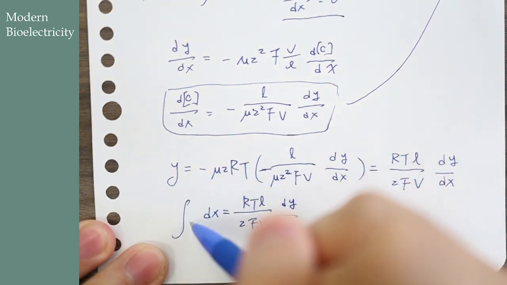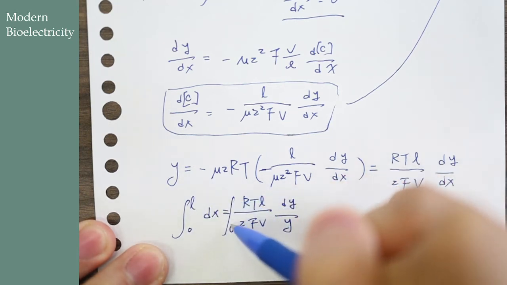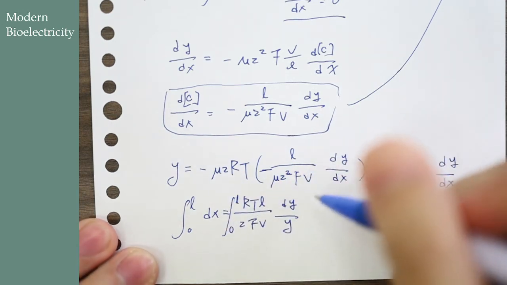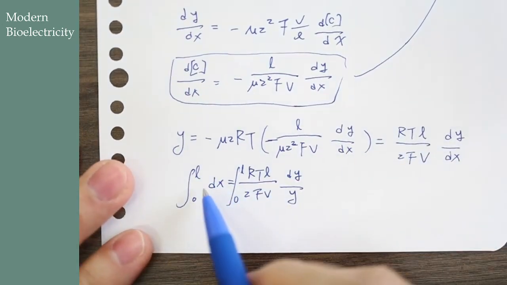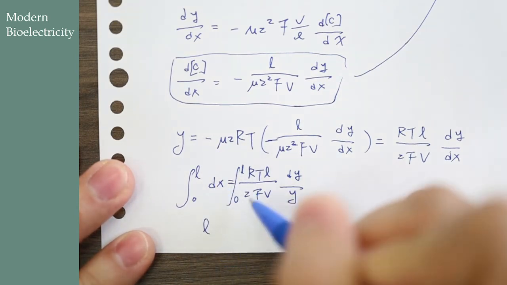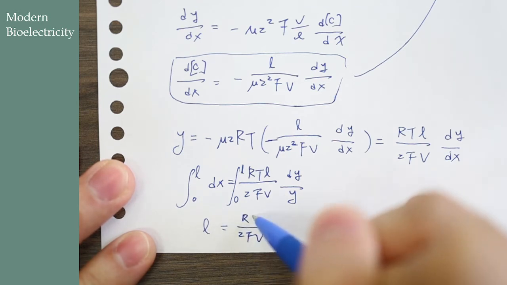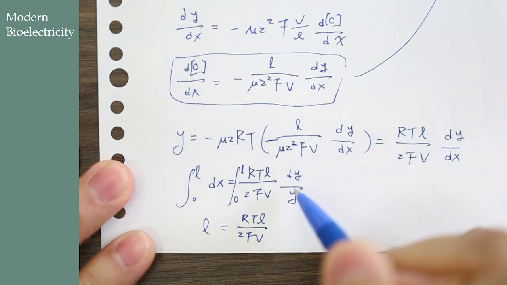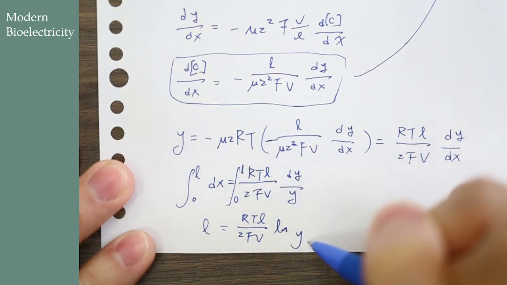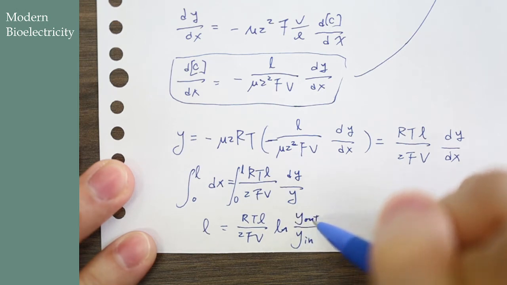We just integrate it from 0 to L, and when we integrate the dx from 0 to L, we get L, and then we get ZFB and RTL. When we integrate this, we get log of y inside the membrane and y on the inside.